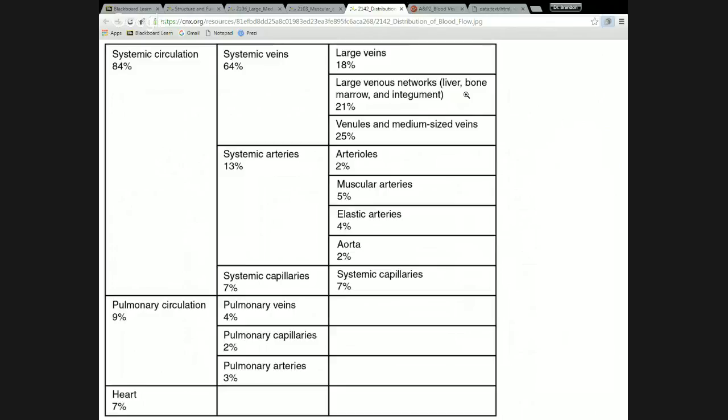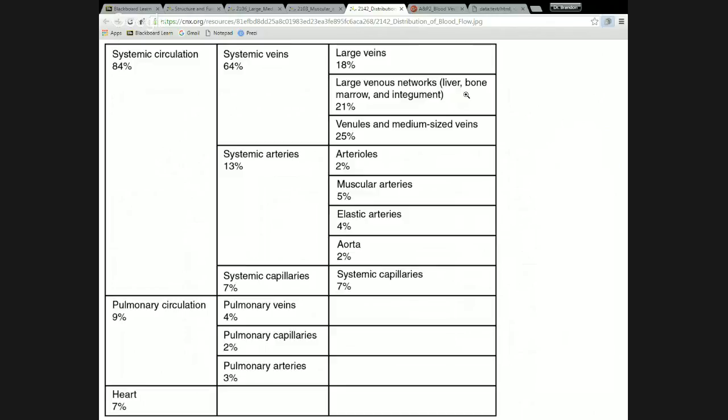About 85% of the blood in your body is in your systemic circulation, and then small bits are in pulmonary circulation and the heart. And even within the systemic circulation, a large amount is found in the systemic veins. So about 2/3 of the blood in your body is in your veins.